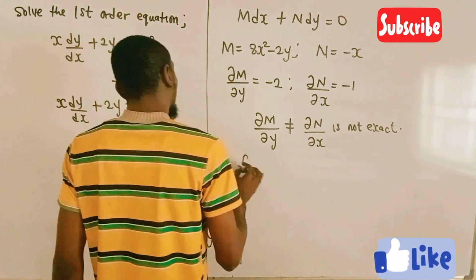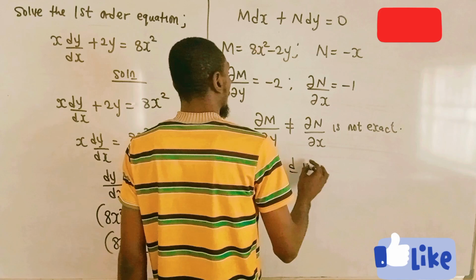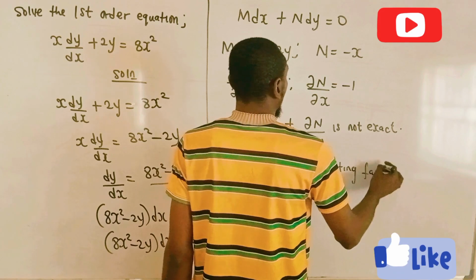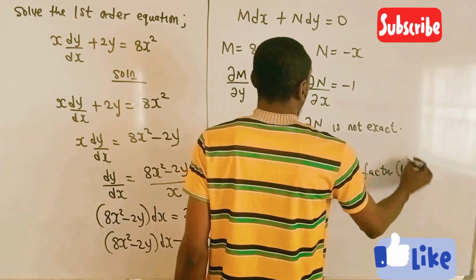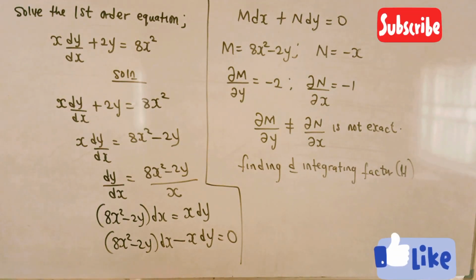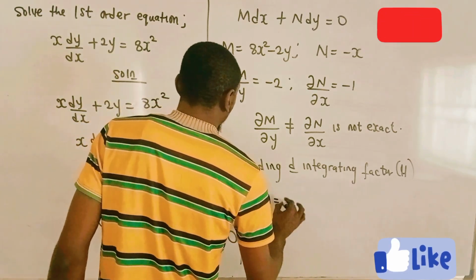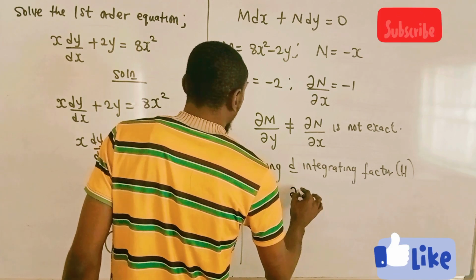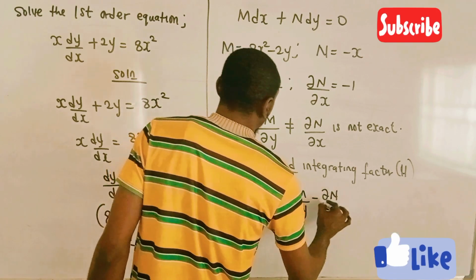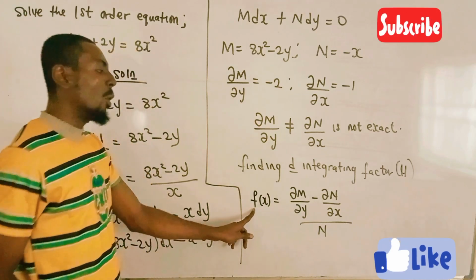So we're going to find the integrating factor, mu, such that f of x is equal to the partial differentiation of M with respect to y minus the partial differentiation of N with respect to x, all over N, is equal to f of x.